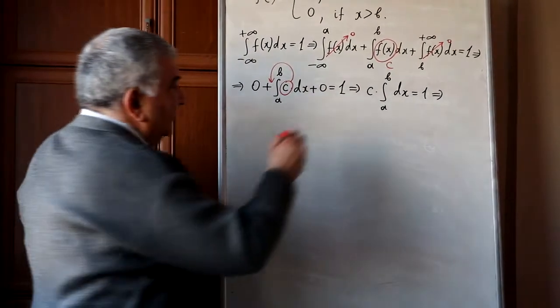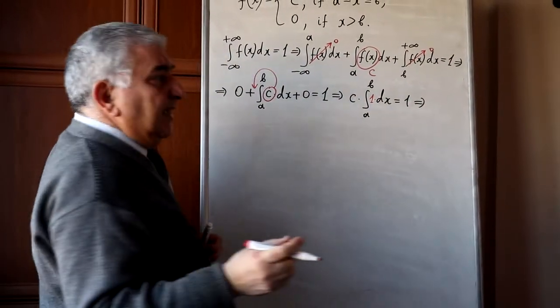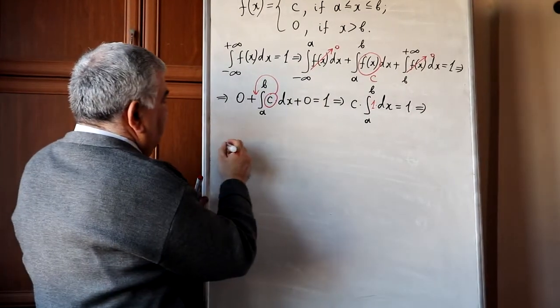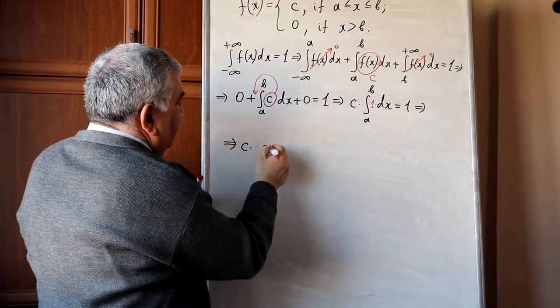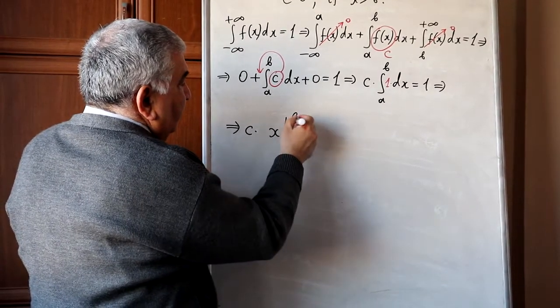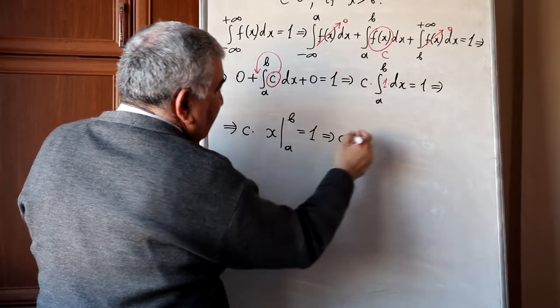Continue. Here the integrand is unit, and you know that the antiderivative of unit is simply x. C multiplied by x with the double substitution from a to b is unit, and it is c multiplied by b minus a.